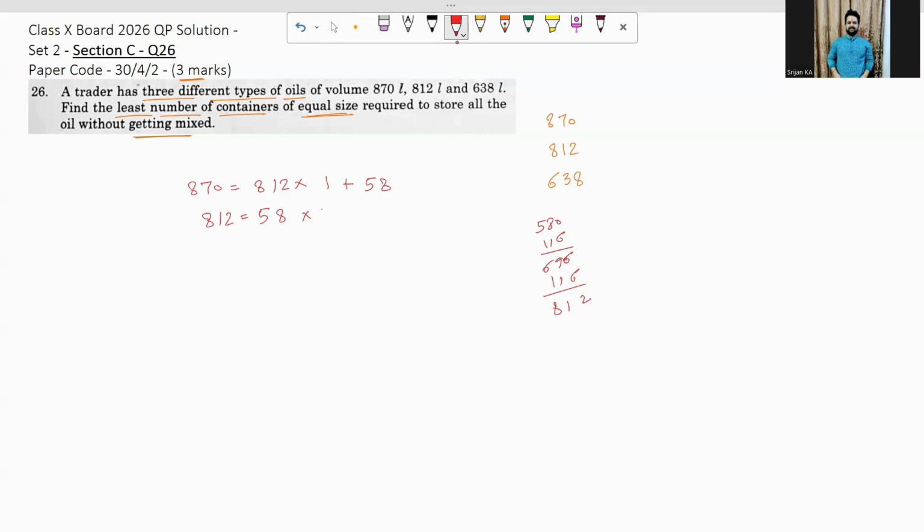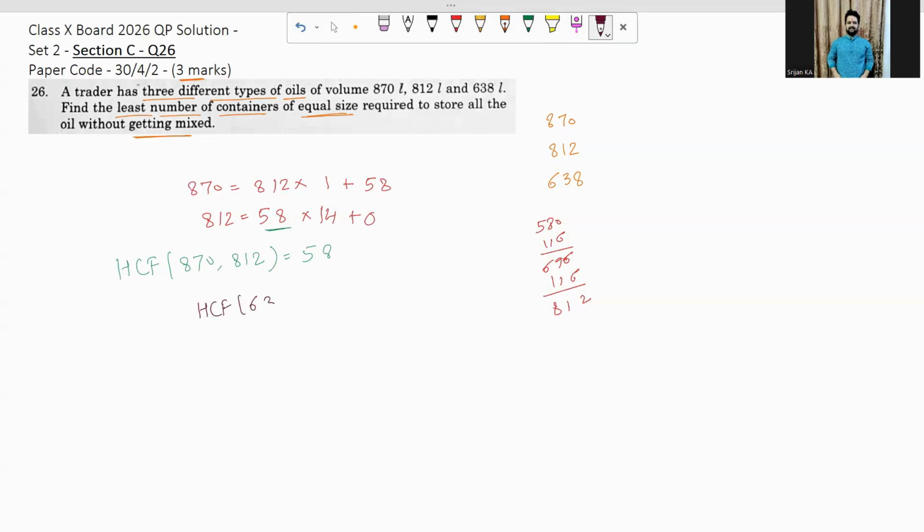So 58 into 14 plus 0. Now, we all know the HCF for these quantities is 58.